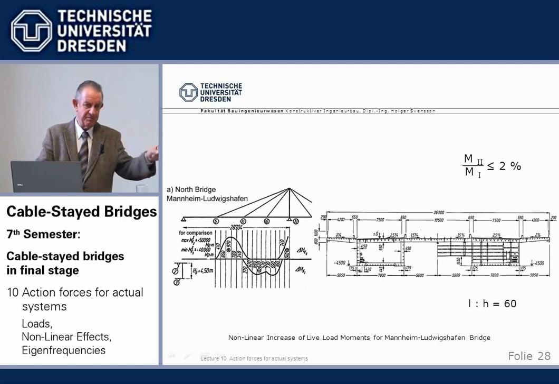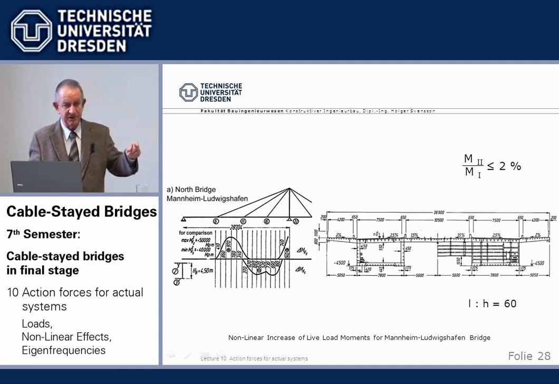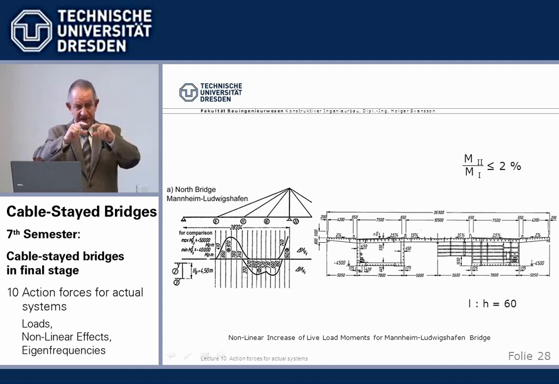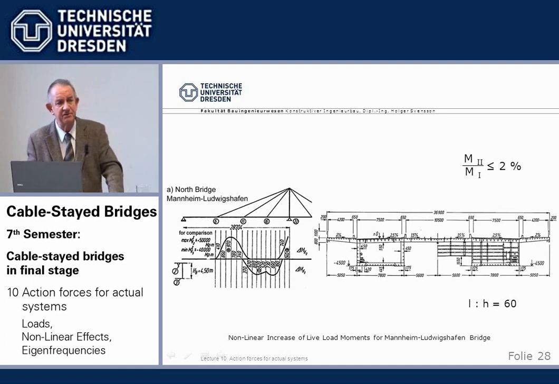If you remember backwards what I showed you this first hour today, where I said the more slender the beam, the more it can buckle and then go from buckling to stress increase, that's shown here. The Rhine River bridges, Mannheim-Ludwigshafen has a slenderness of beam depths to main span in the range of 60.